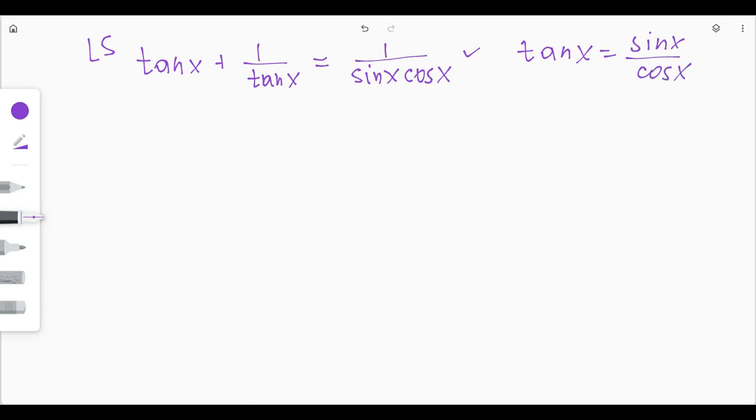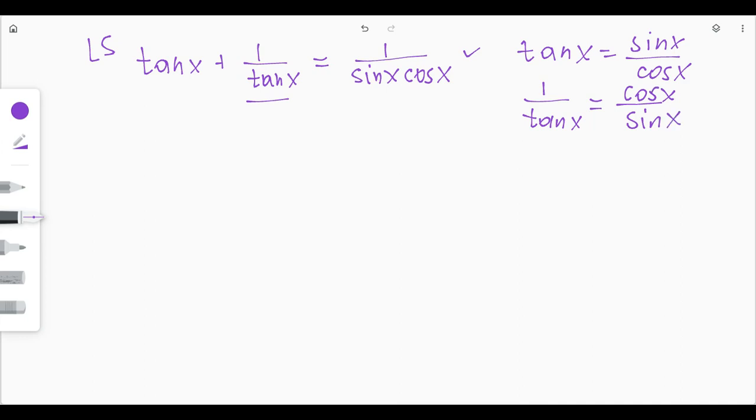This is an existing identity. Moreover, as you can see, the second term is 1 over tangent x, which is a reciprocal of tangent. So it means that 1 over tangent x is reciprocal of the fraction on the right. So it becomes cosine x over sine x.